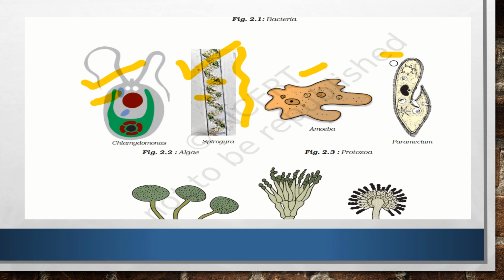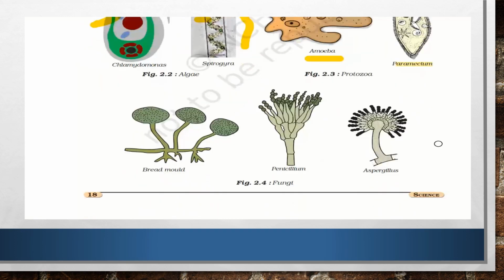They obtain their nutrition from other organisms. Some of them are parasitic, such as Plasmodium vivax, the Plasmodium which causes malaria. Other common examples of protozoa are amoeba, very common, paramecium and so on. They are also found in colonies. Is it clear?